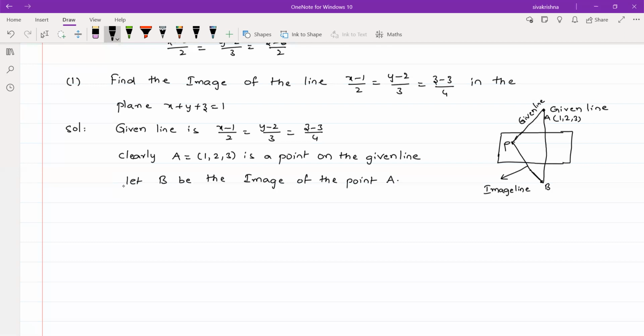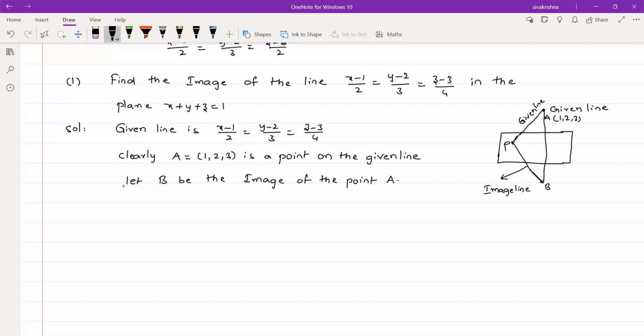Here we are not having DRs, but the line AB is perpendicular to the given plane. Whenever the line is perpendicular to the given plane, we can take the coefficients of x, y, z in the plane equation as DRs.